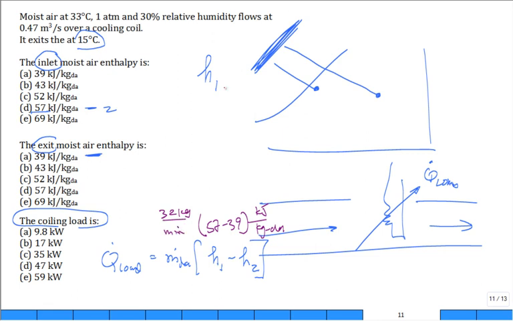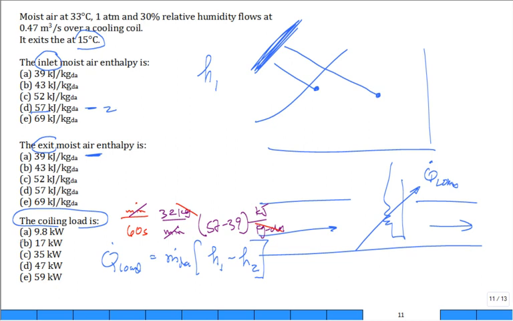So the kilograms of dry air go, kilojoules per minute, but they want it in watts. Oh, that pesky 60 again, right? So 60 seconds is a minute, and then we get rid of the minutes. And a kilojoule per second is a kilowatt.